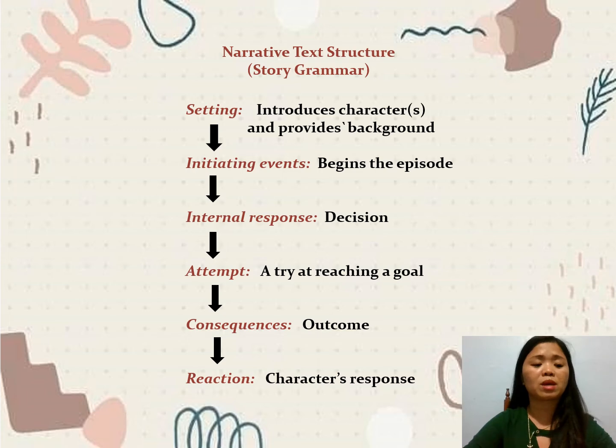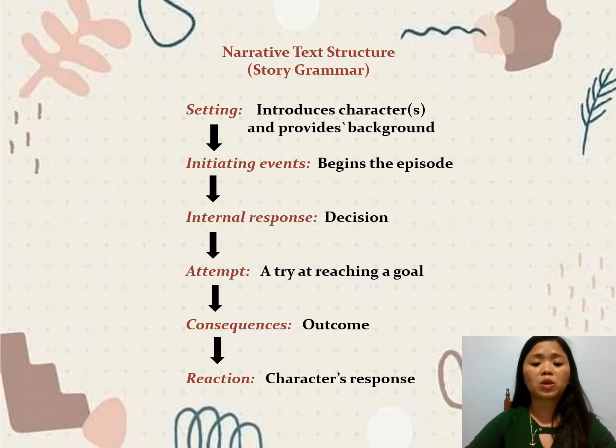From Hermosa, 1988. So, this kind of story is a narrative text structure where there is a setting which introduces characters and provides background. Next is the initiating event, where it begins the episode.